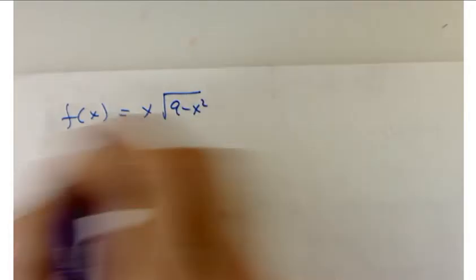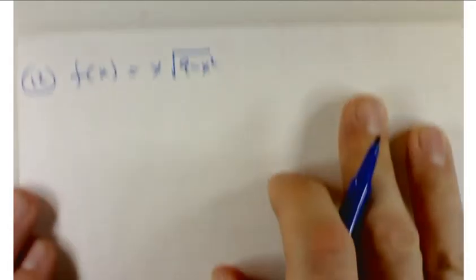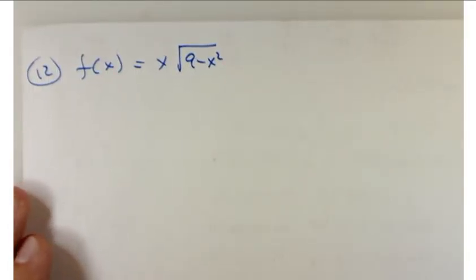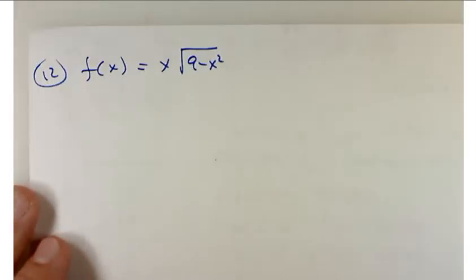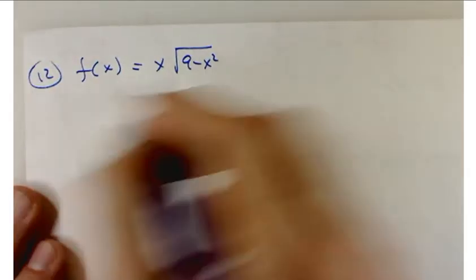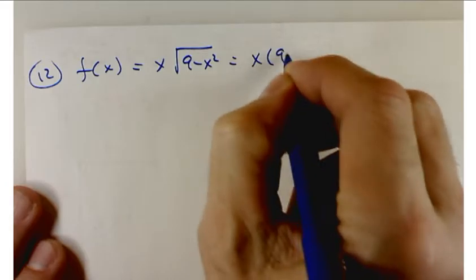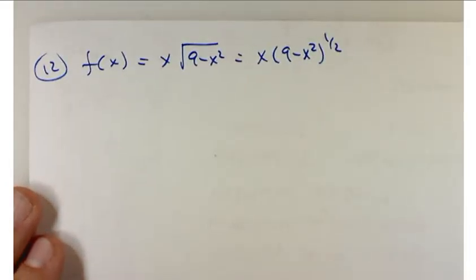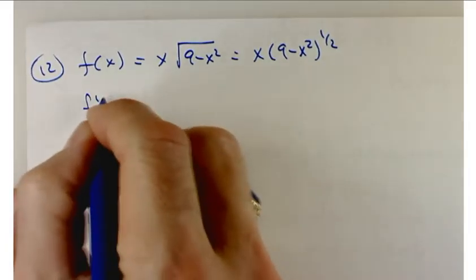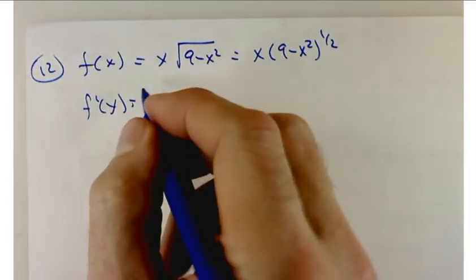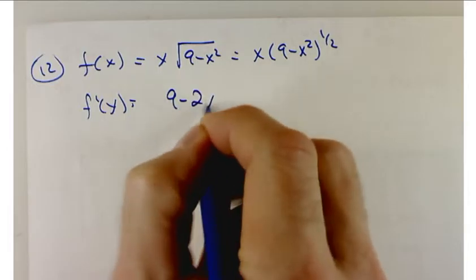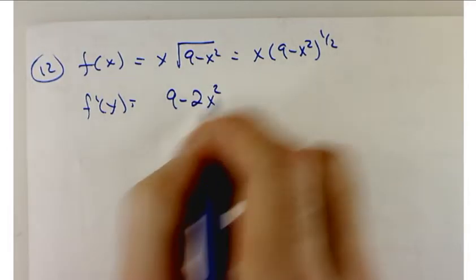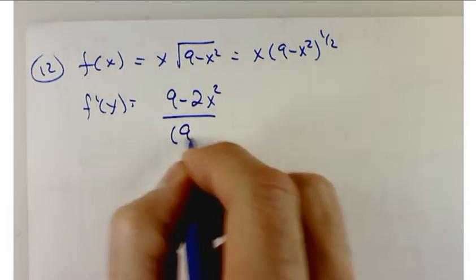We noticed in my morning class that the domain has to be between -3 and 3. Most of you would probably rewrite that as 9 minus x squared to the 1/2. That's fine. The first derivative was the very friendly 9 minus 2x squared over 9 minus x squared to the 1/2.